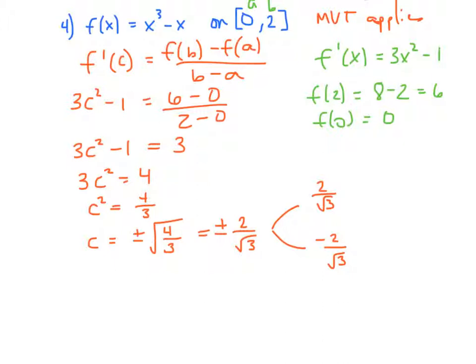Well, my given interval was from 0 to 2, so clearly the second one, the negative one, is rejected. Okay, because it's negative. It's not within that interval. All right, now the first one, 2 over radical 3, does that fit? Well, square root of 3 is about 1.7. 2 divided by 1.7, yes, that would fall between 0 and 2. So this one we would go ahead and accept.